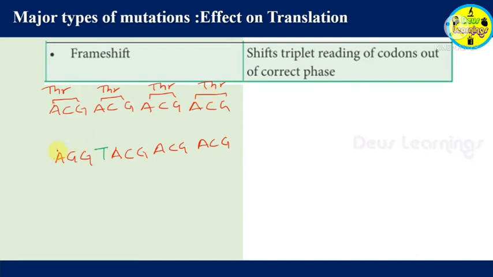So here is triple, fine, then it's changing, you see, right? So this will be threonine, fine, but the rest of the thing will be changing, and because of the change, the whole amino acid sequence will change, right? That will be known as frameshift mutation.